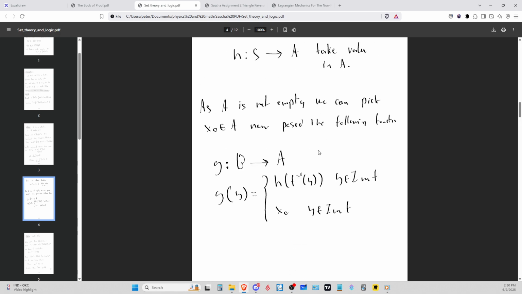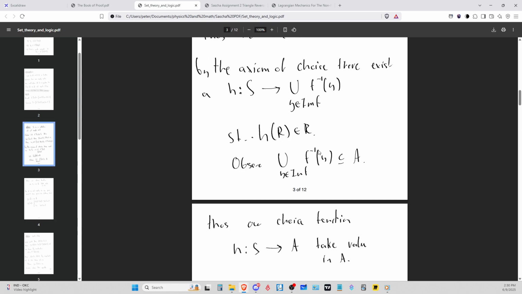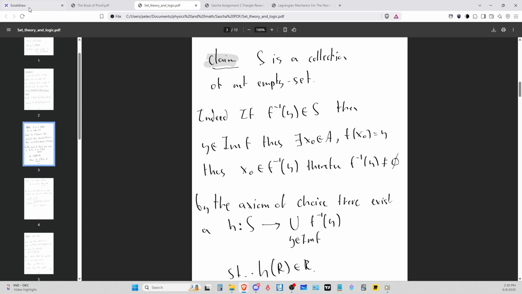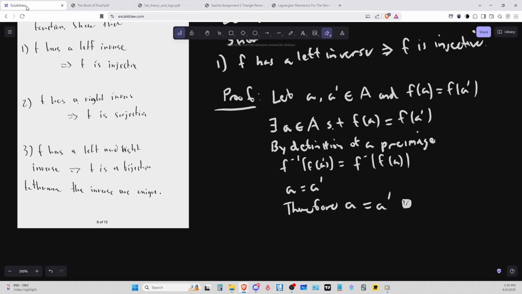I mean, that looks pretty long, but at the same time, proofs are probably getting longer and longer the more you get into it. So I guess I have to erase this because I don't think it really does. It just proves that f is injective, but it doesn't really show that it has a left inverse.